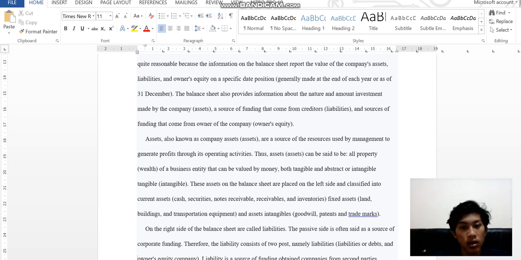These assets on the balance sheet are placed on the left side and classified into current assets: cash, securities, notes receivable, receivables, and inventories; fixed assets: land, buildings, and transportation equipment; and intangible assets: goodwill, patents, and marks.